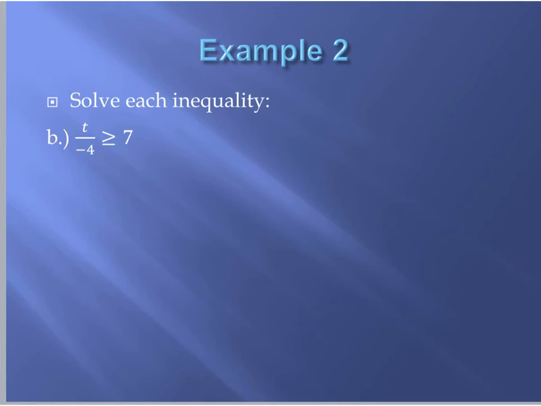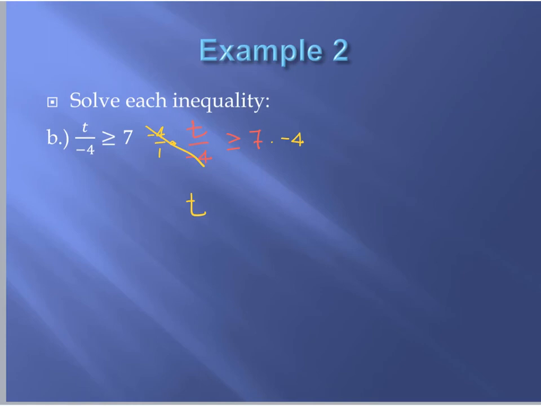So let's look at part B. Part B says we have t divided by -4 is greater than or equal to 7. So in order to solve this inequality, I need to get t by itself. And right now I have t divided by -4, which means I need to multiply both sides by -4. When I do that, my -4's cancel on the left, leaving me with t.